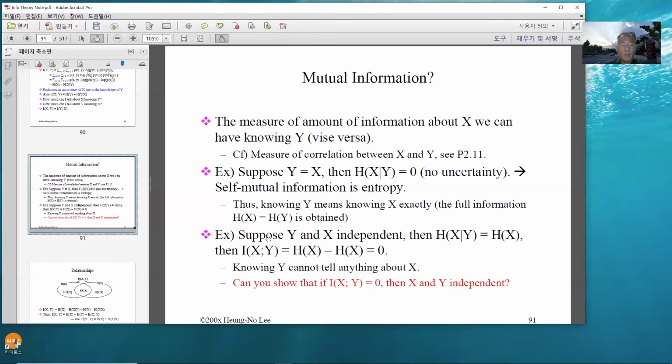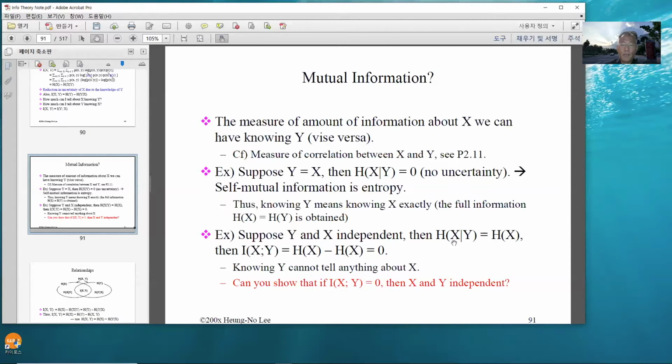Suppose now the other case, when Y and X are independent of each other. So these two random variables are independent random variables. In such a case, the conditional entropy is equal to H of X. Why?